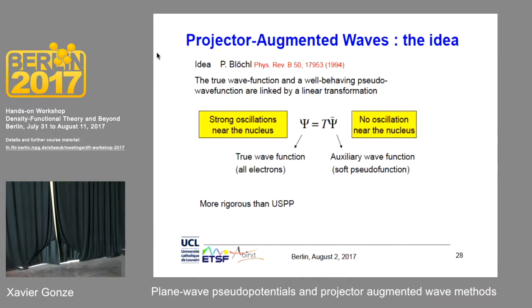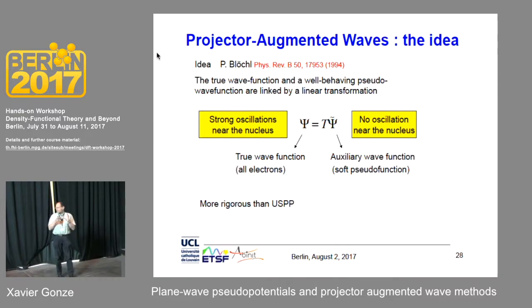The projector-augmented wave approach, introduced in '94, has the following idea. The true wave function, all-electron, will be connected uniquely to the auxiliary wave function, actually a soft pseudo wave function, by a linear transformation.